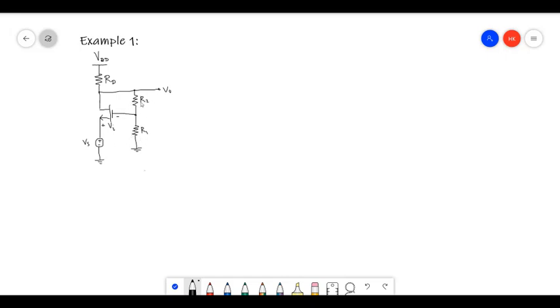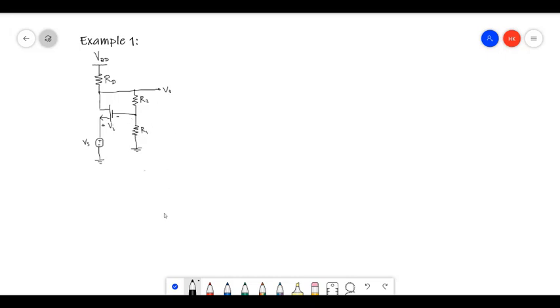You can clearly see that we sample this voltage in parallel using R2. Since we sample it using R2, R2 should be a higher value because it's parallel sampling, and we are mixing it in series using this MOSFET, which does the addition, subtraction part. R1 should be small because we are doing series mixing.